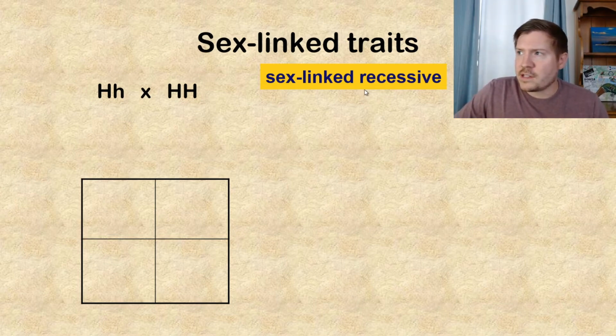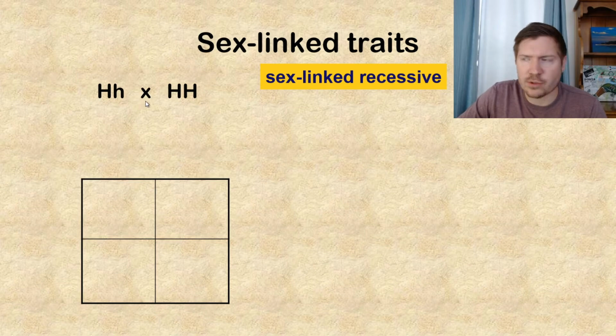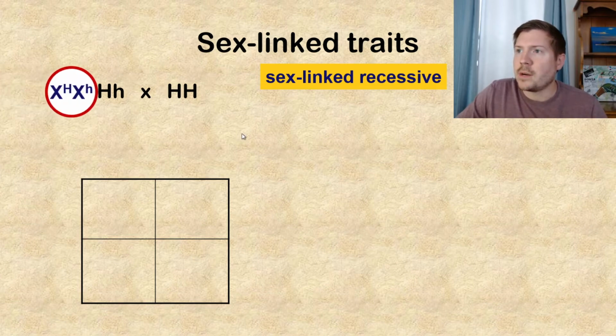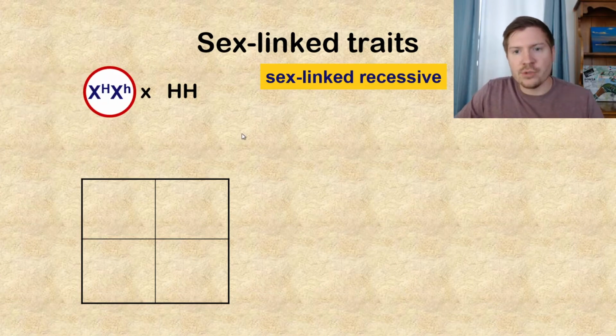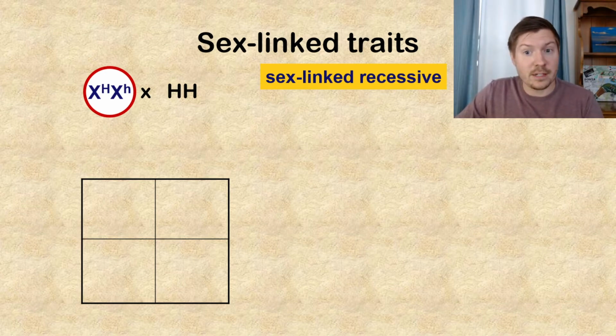So since I said this is a recessive trait, okay, a small h indicates the hemophilia allele, whereas a capital H indicates a normal allele. But we can't actually write it like this in a sex-linked cross. This is how you would write it if you were doing complete Mendelian dominance, okay? But in a sex-linked cross, you need to distinguish between the male and the female because they carry the trait differently.